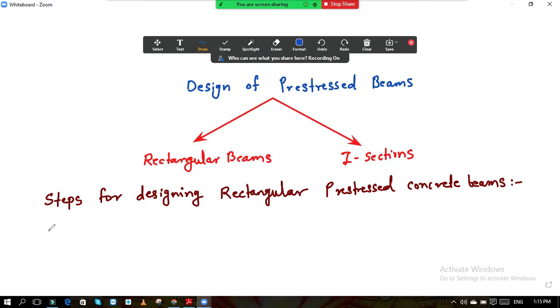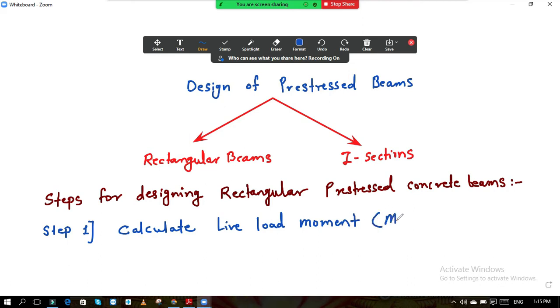So now step 1. You note down these points. These are very important things. Okay. First step is calculate live load moment. Calculate live load moment. We called it as ML.